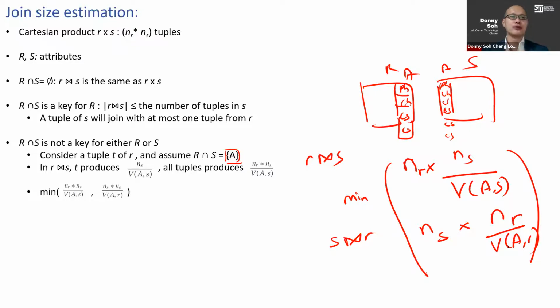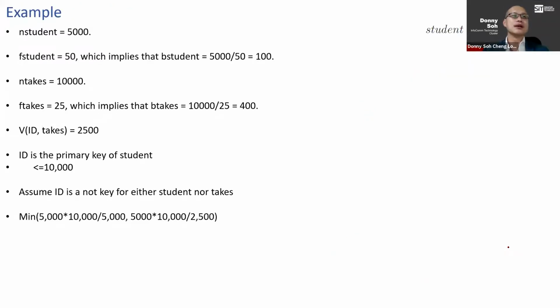Yeah, so I will move on to the examples. In this example, the number of students is 5,000.